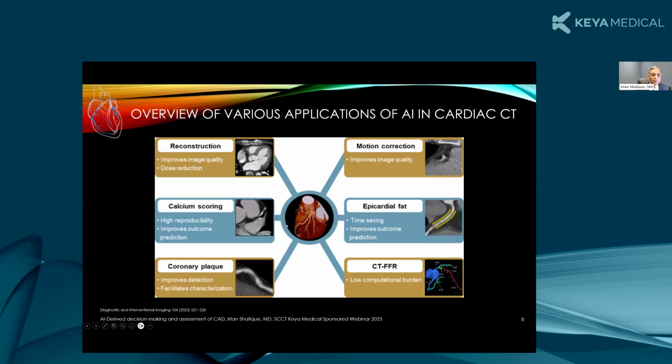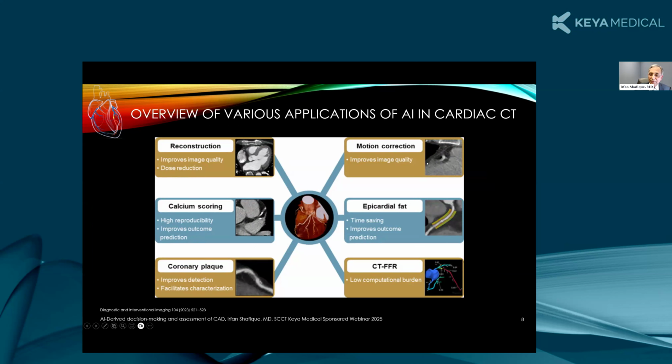Where we see the most application now is in reconstruction, with improved quality and dose reduction, which is really amazing, how much it has decreased the dose by using AI. Again, calcium reproducibility, coronary plaque detection, and also characterization.